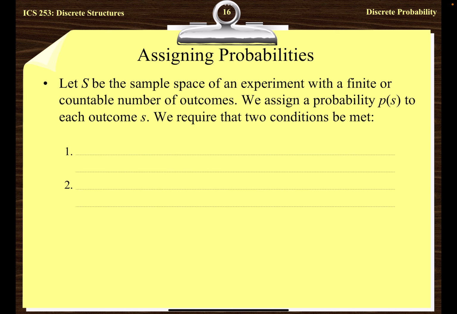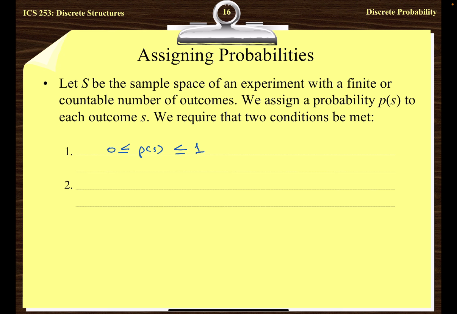We assign a probability P of S to each outcome S. Now, this probability has to satisfy two conditions. The first condition is that its value, P of S, should always be greater than or equal to 0, less than or equal to 1.